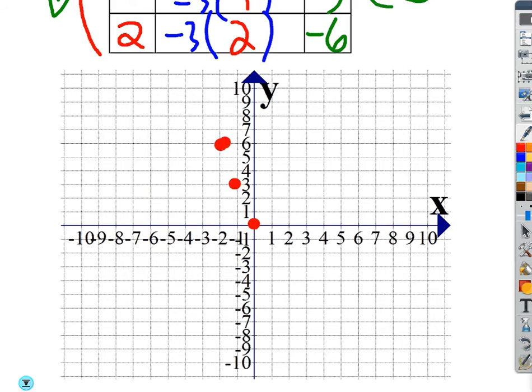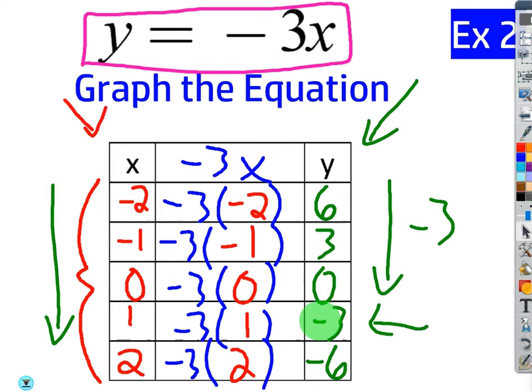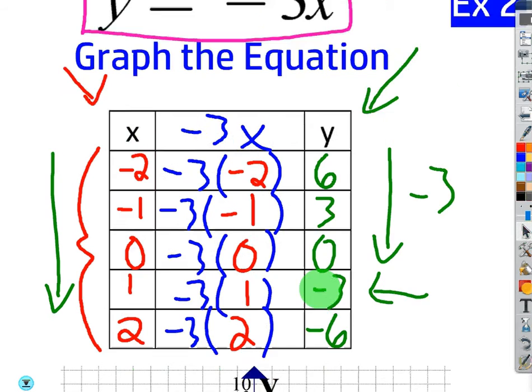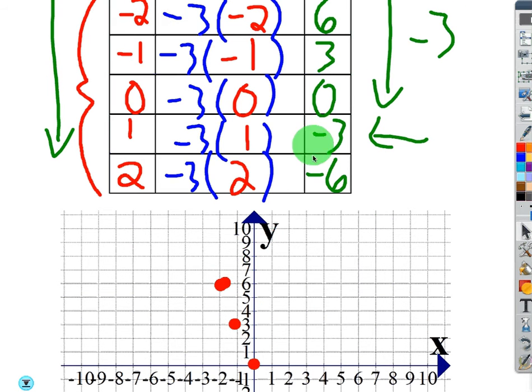If you did the other two, well, we'll do all of them. Why not? Next one is 1, negative 3. I guess you could just do them all just to make sure you're doing it right, because if it doesn't make a straight line, that means your table's off. So 1, negative 3 is going to be right here. And then finally, 2, negative 6.